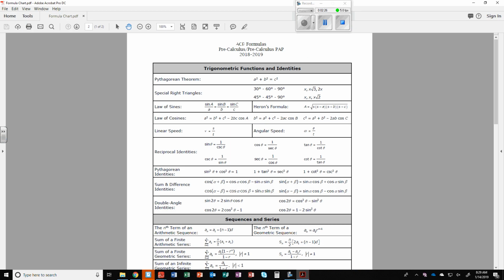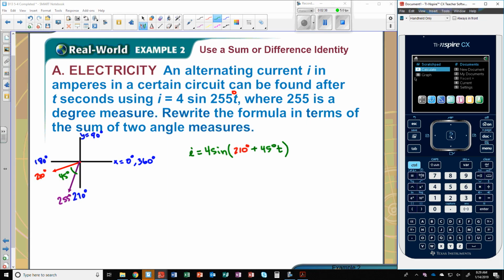When you go to sine, we see that the sine symbol stays the same. So since we're adding 210 and 45, it'd be sine A cos B plus cos A sine B. And so here we could rewrite it if we wanted to simplify this.